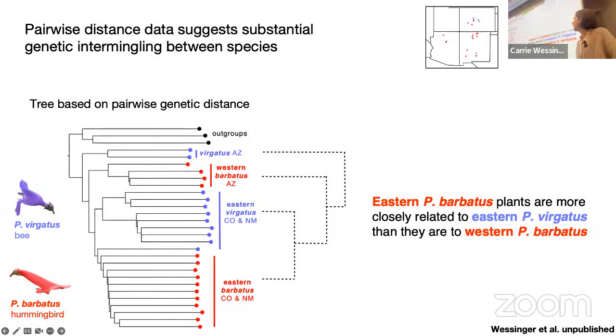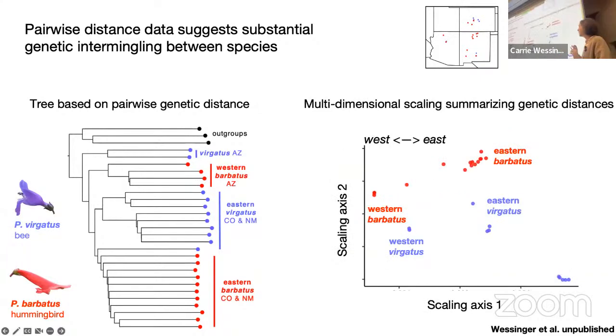And we can visualize average genetic distance between populations as a neighbor joining tree. Taken at face value, it describes this interesting result: populations of the hummingbird adapted species barbatus that occur out east in Colorado and New Mexico are actually more closely related to the nearby eastern virgatus populations than they are to barbatus populations out west in Arizona. And we can also visualize this pairwise distance matrix in 2 dimensions using multidimensional scaling.